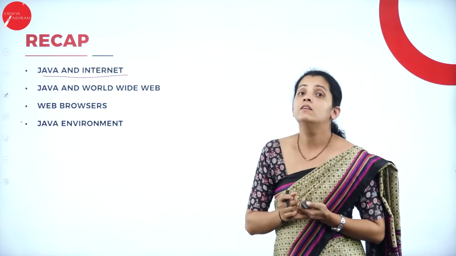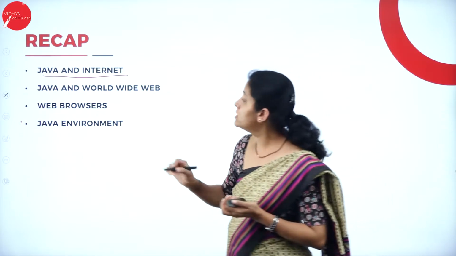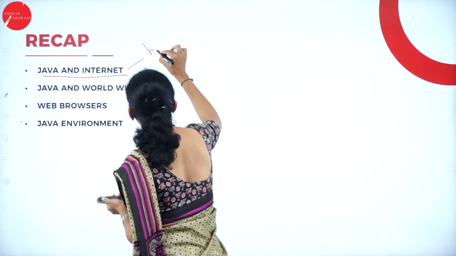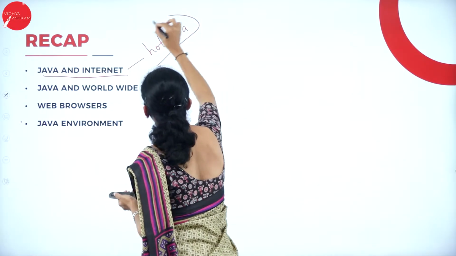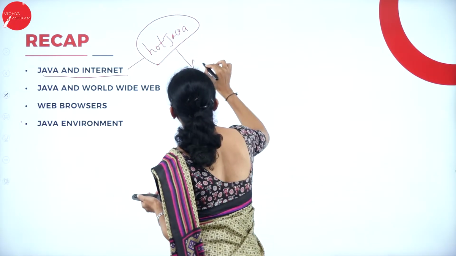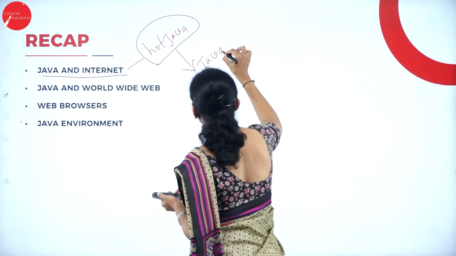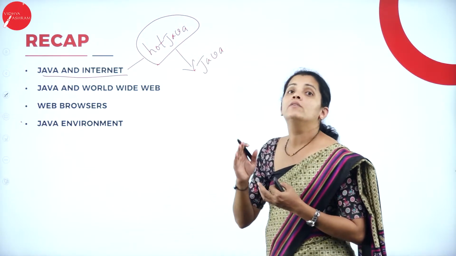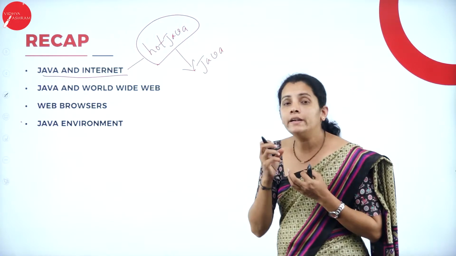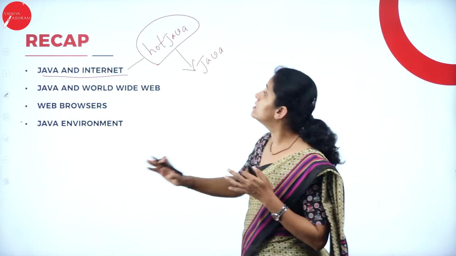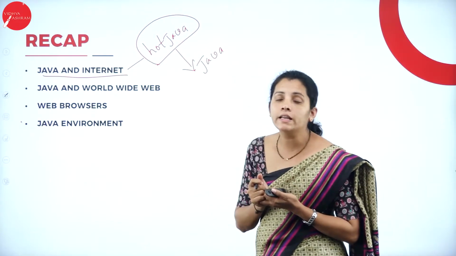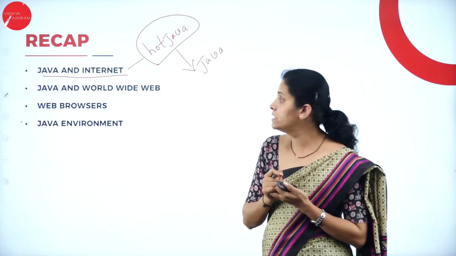So here the first web browser, that is Hot Java, was designed by using the Java programming language, and we also use internet to run applet programs. This is the way Java and internet are interlinked with each other.